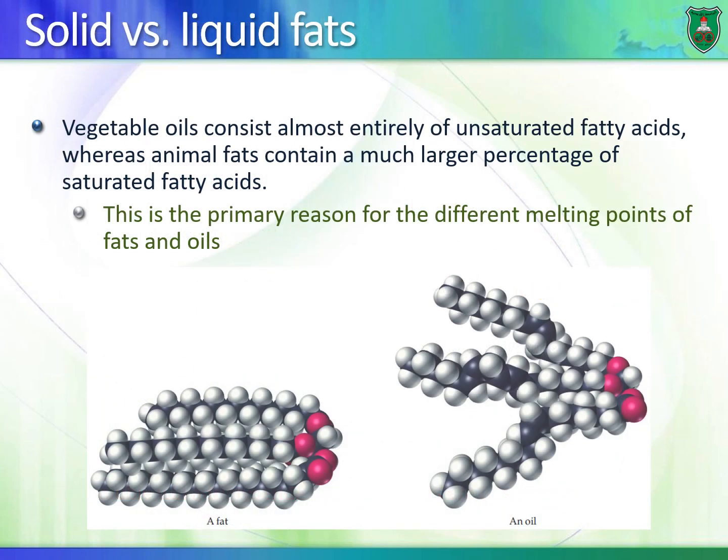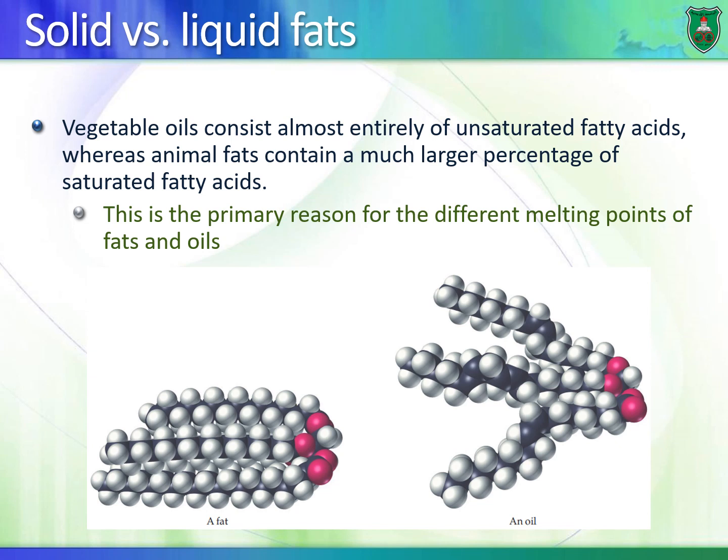Now, remember we talked about cis and trans double bonds, and we said that if you look back into the structure of the cis double bond, it creates a kink. So it creates a kink, and this kink requires a large space for the fatty acid.